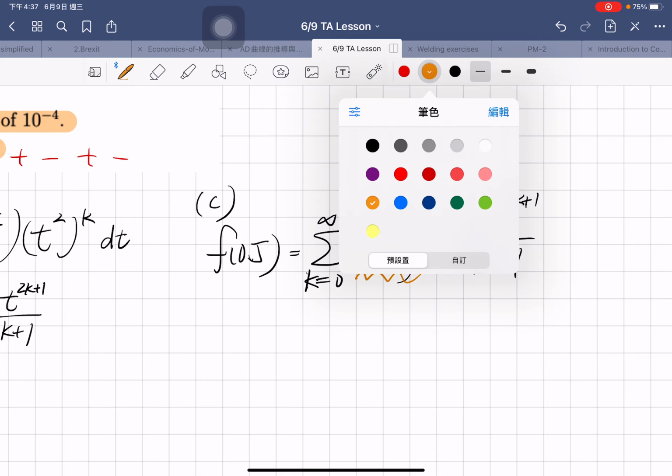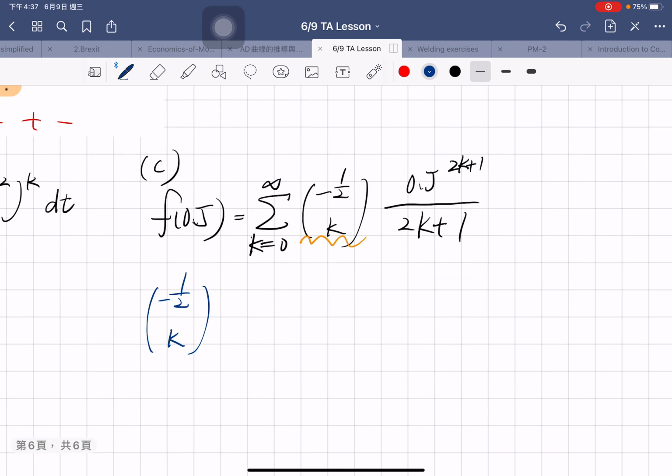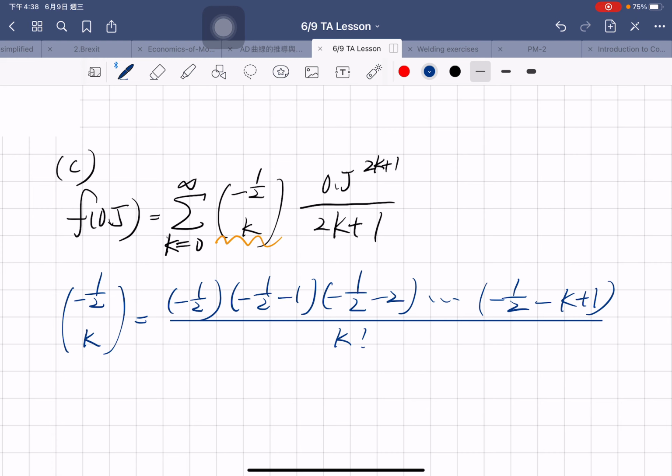So we expand this term, and this term will be minus 1 over 2 times minus 1 over 2 minus 1 times minus 1 over 2 minus 2 all the way to minus 1 over 2 minus k plus 1, and subtract by k factorial, right?